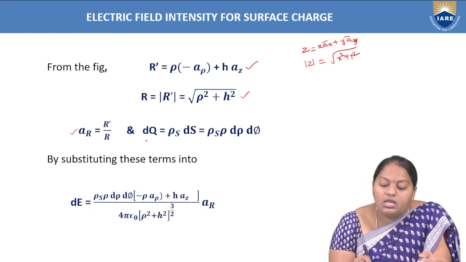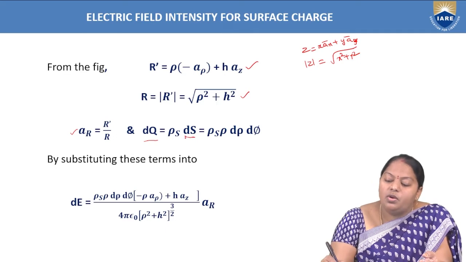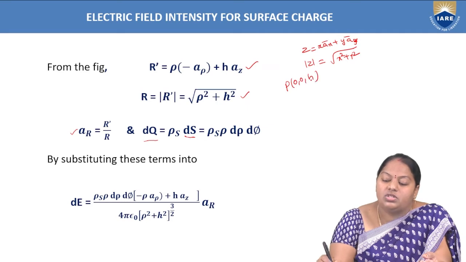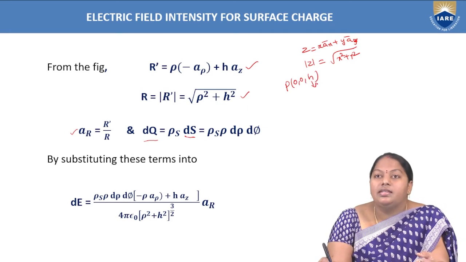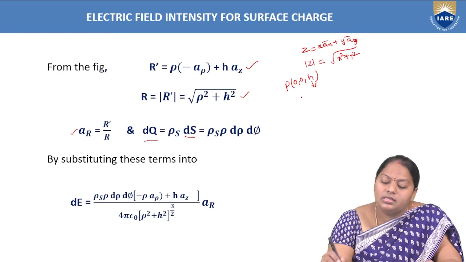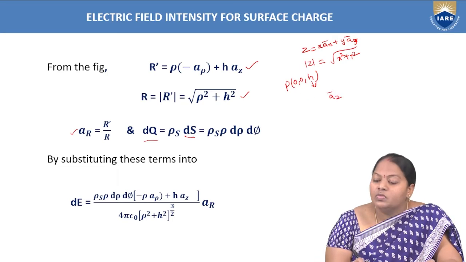Then from that, dq. So dq equal to rho s into ds. Now in order to estimate that, we have to write the equation for this ds. So the field point P is located at 0, 0, h. Means we have to consider here z component only. Hence, the ds we are going to evaluate in the z direction.